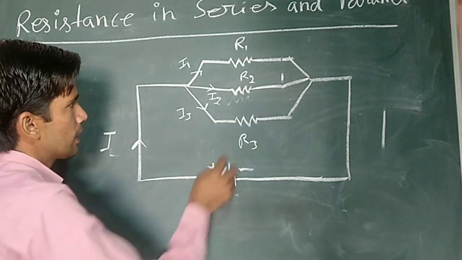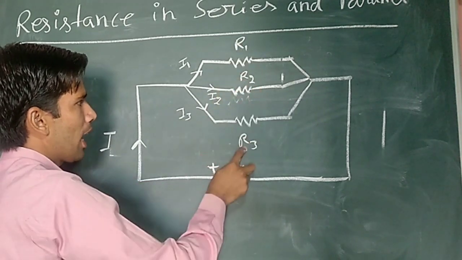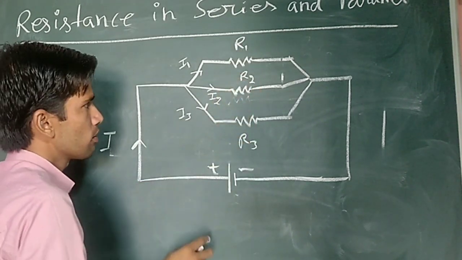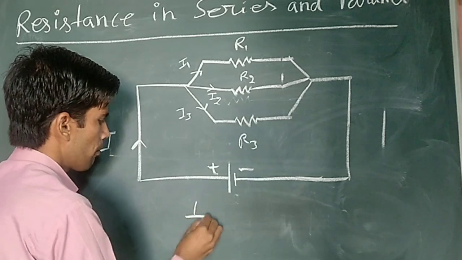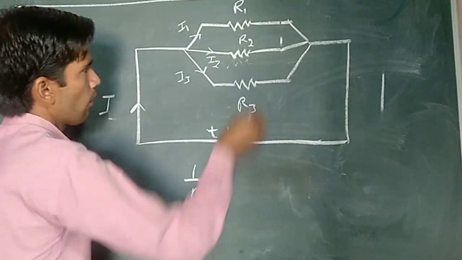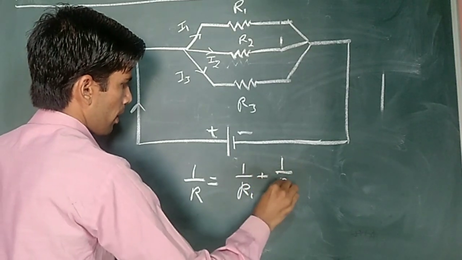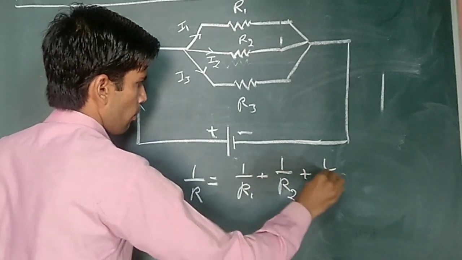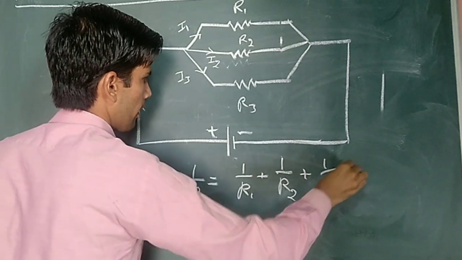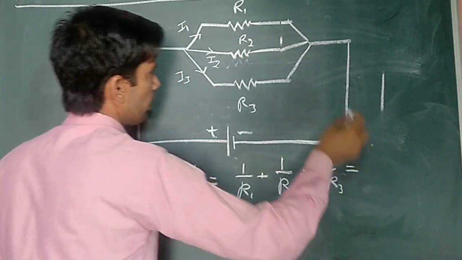The resistances R1, R2 and R3 are in parallel combination, not in series. Then the effective resistance is given by 1 by R, which is equal to 1 by R1 plus 1 by R2 plus 1 by R3. Let me take an example.